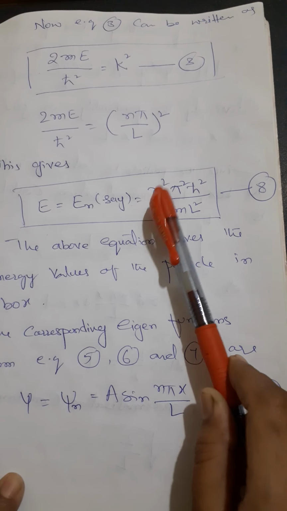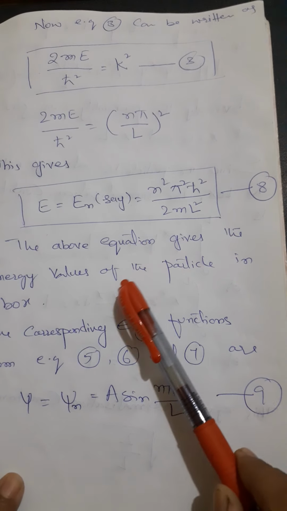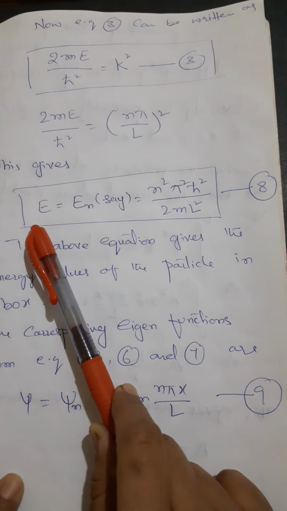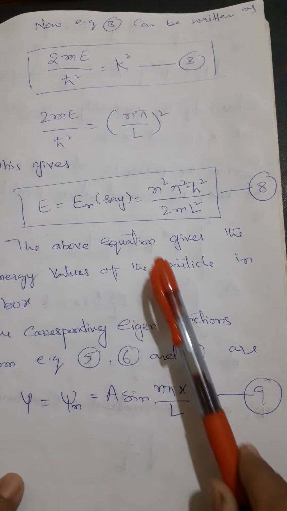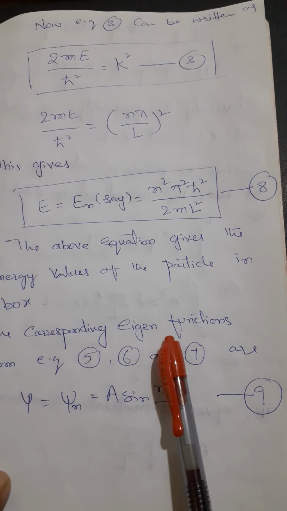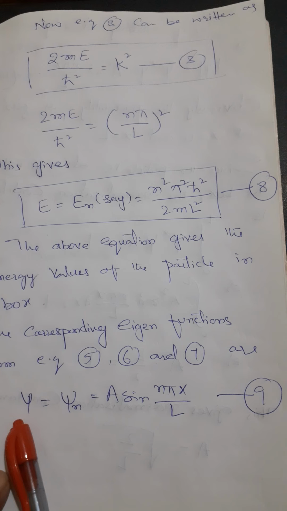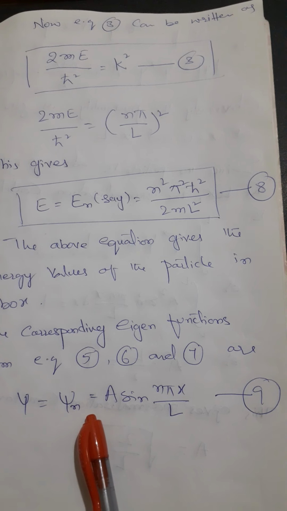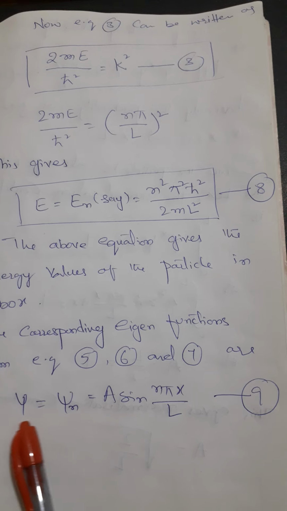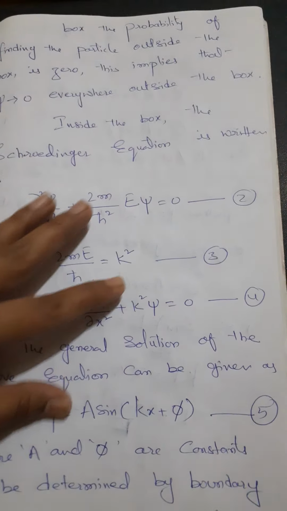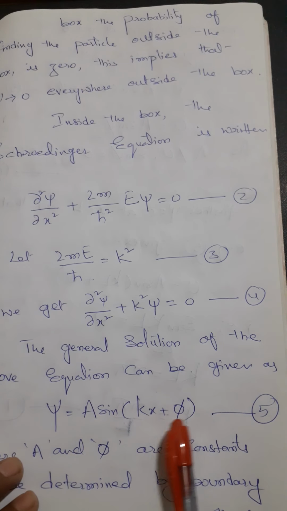So for n is equal to 1, 2, 3, 4, for different values, this gives the energy of the particle in a box. Now the corresponding eigenfunctions. We know the eigenfunction we already gave, that is psi is equal to psi naught, the solution of the second order differential equation, that is psi is equal to psi naught, a sin(kx plus phi).